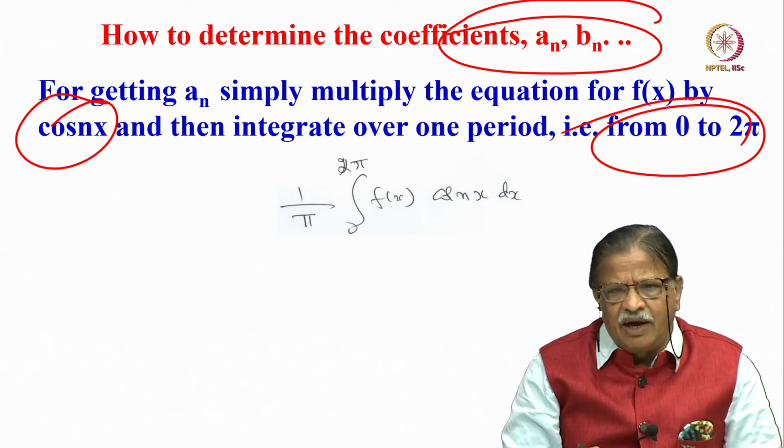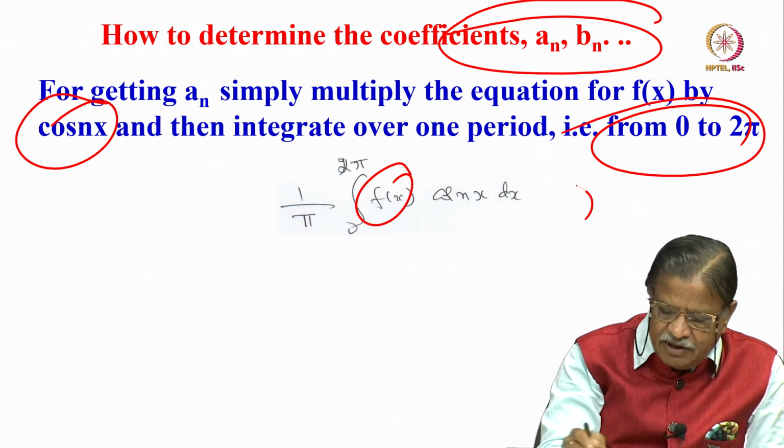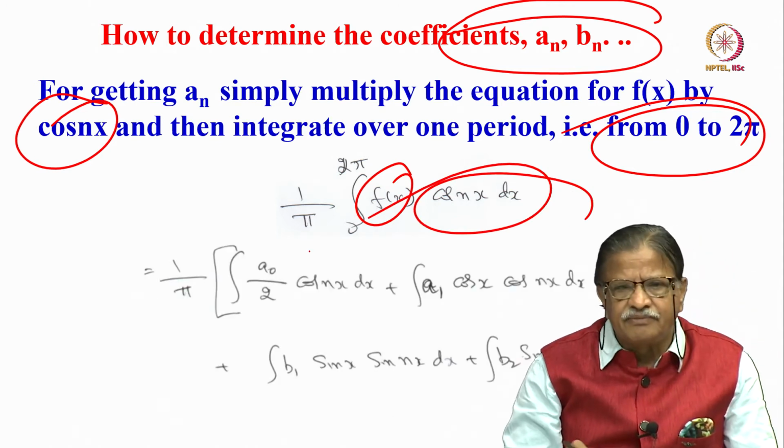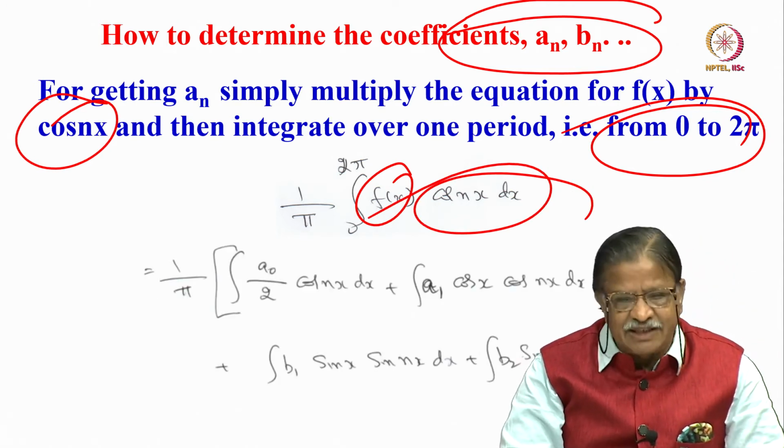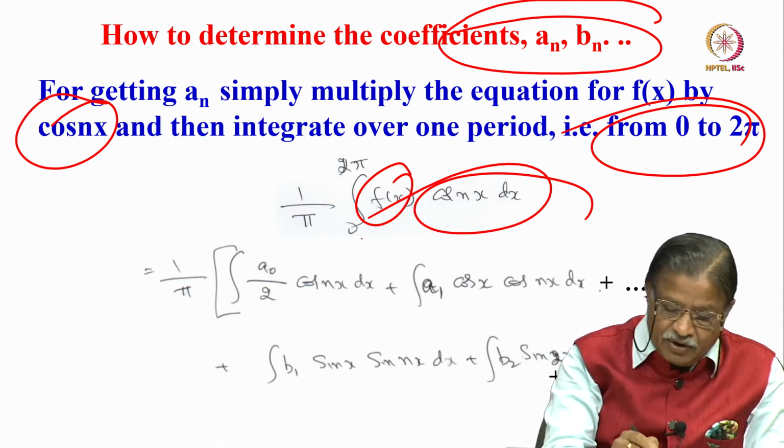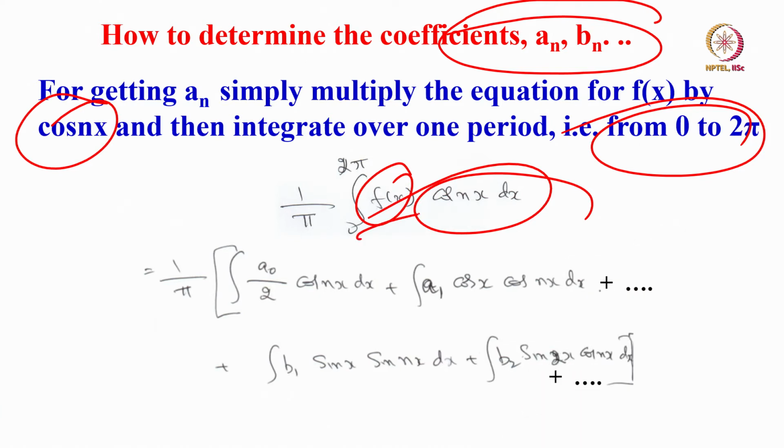I will take the integral from 0 to 2 pi of this function f x, multiplied by cos n x dx. And f of x I can express as a series, the Fourier series, which can be written as a naught by 2 plus the sum of a n cos n x and b n sin n x terms, and I multiply by cos n x.